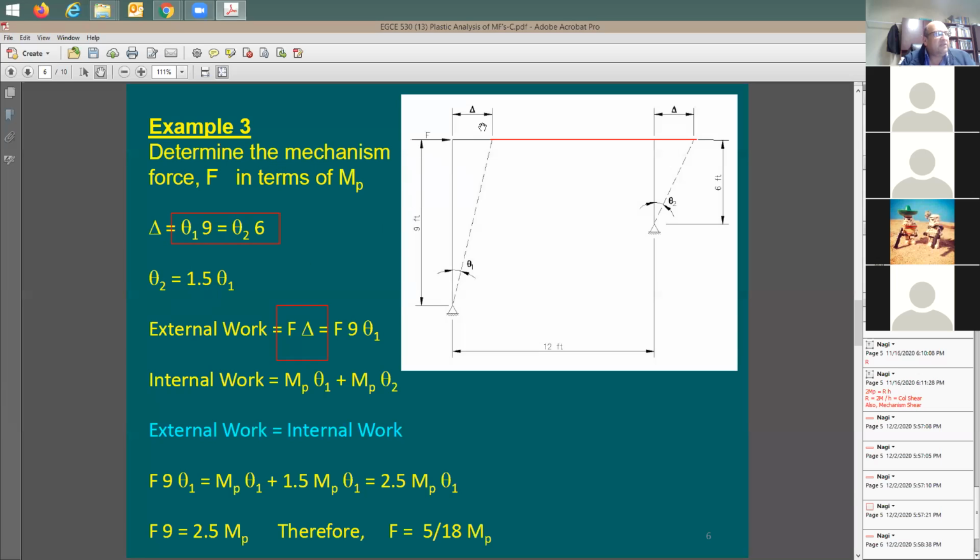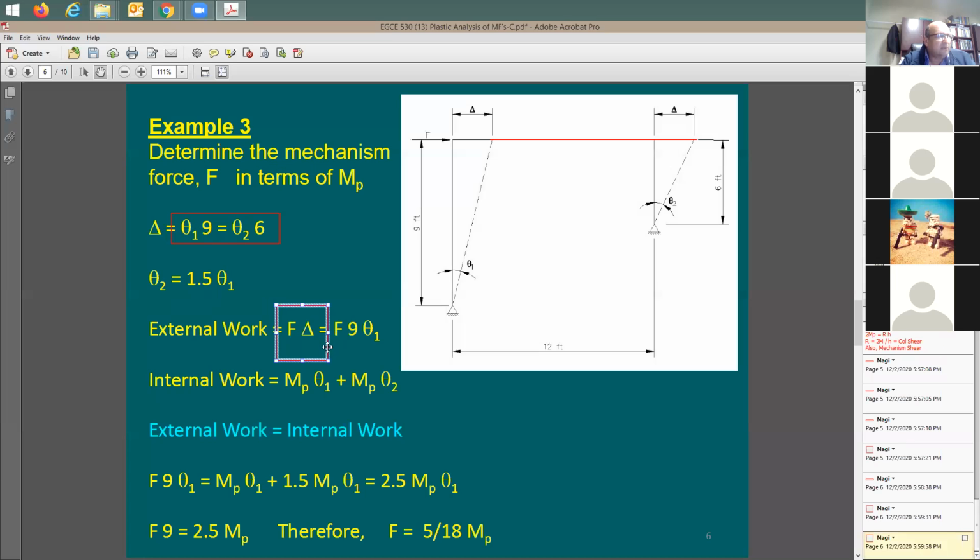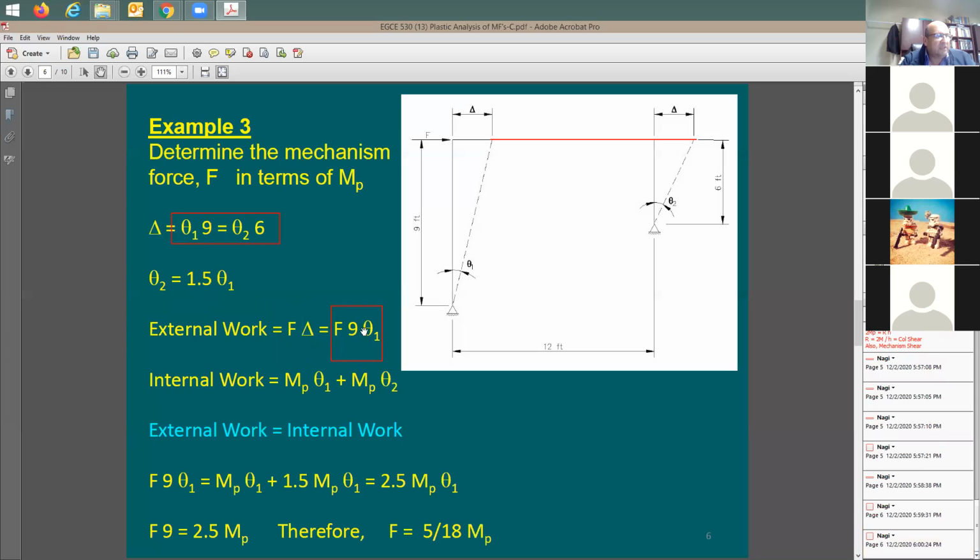Let me take the force here times the displacement delta, which means F times, now, how much is this delta? I'm going to say 9 theta 1. So it's going to be equal to F times 9 theta 1, which is the amount of displacement that you have here, the drift. That's it. I don't really need to care now about theta 2, right? It's going to be just the force times the displacement.